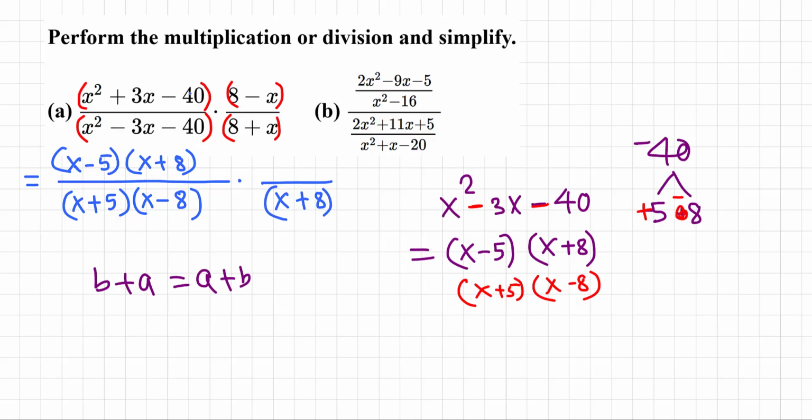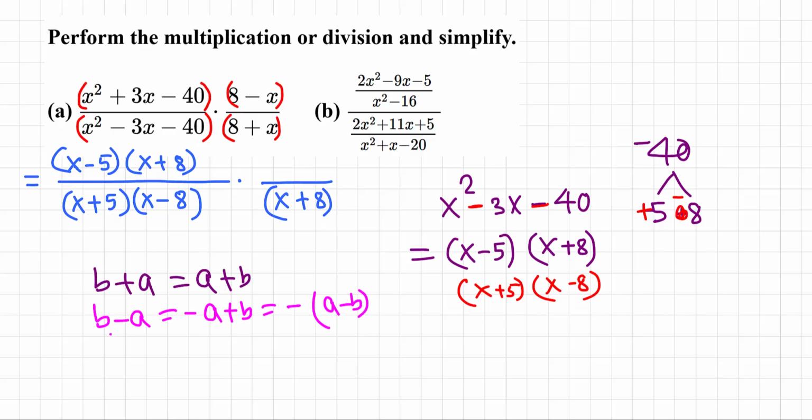But the top is 8 minus x, and we know that when we have b minus a, and we want to write a in the front, this is negative a plus b. But we need to factor the negative. This is not factored yet, so we can rewrite this as negative out, a minus b.